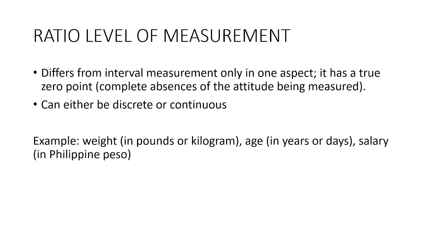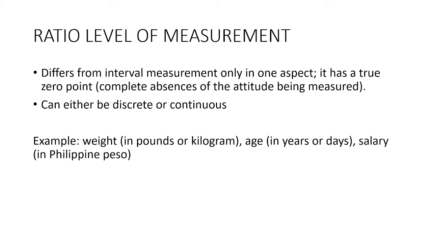And lastly, we have ratio level. So this ratio level differs from interval measurement only in one aspect. Meron siyang tinatawag nating true zero point or what we call the complete absence of the attribute being measured. It can either be discrete or continuous.